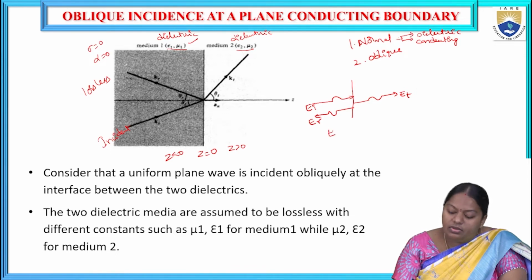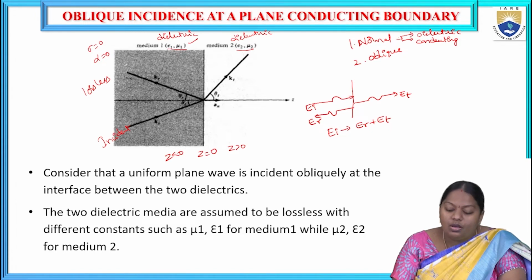So the incident wave EI is a combination of the reflected and transmitted wave field strengths, right? When the incident wave strikes the boundary, part of it is reflected back to the same medium and part is transmitted to the next medium, that is, medium 2.